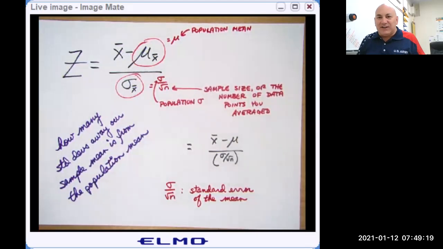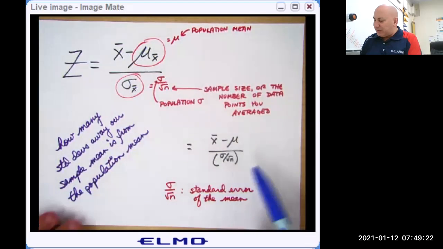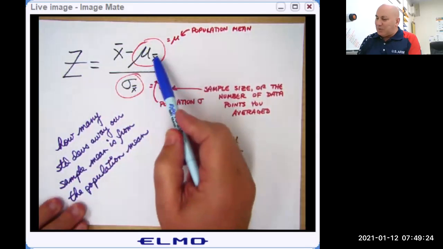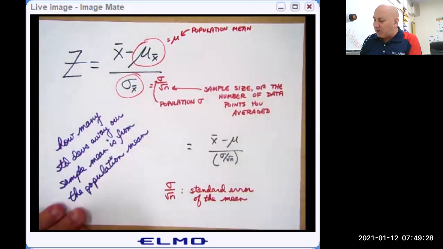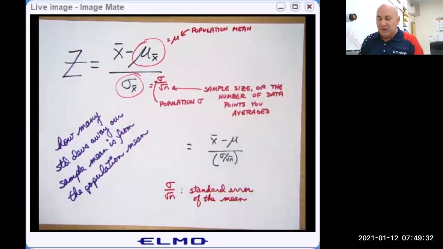So when we write a z-score using the central limit theorem, oftentimes, I mean, why write mu x bar and sigma x bar? Why not just write it like this? And the z-score is still telling us the same thing.